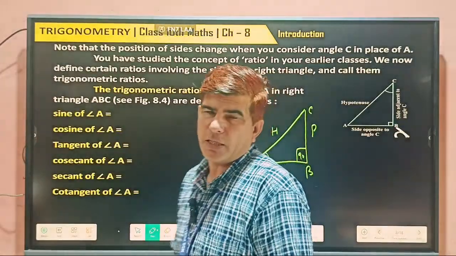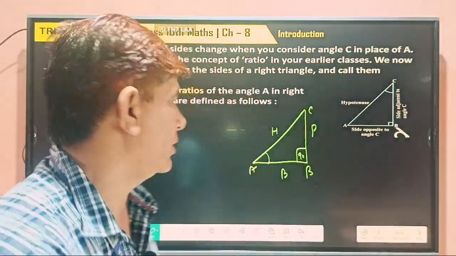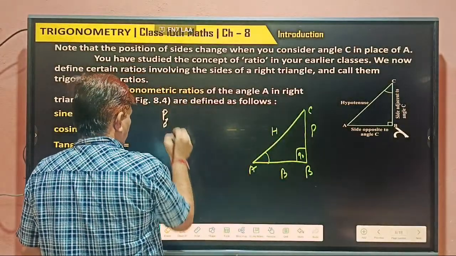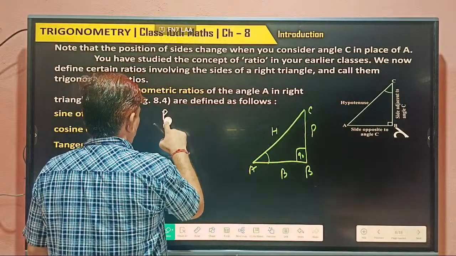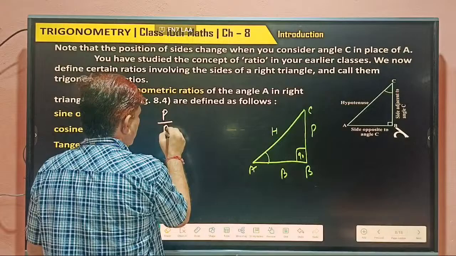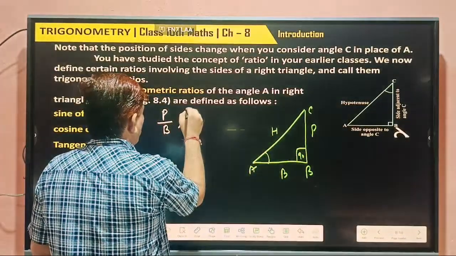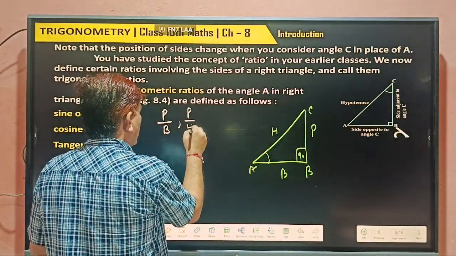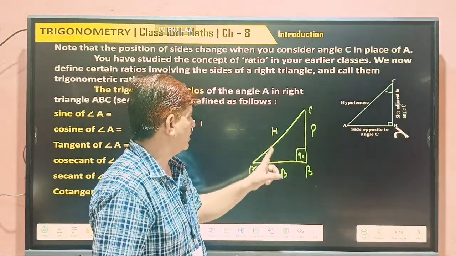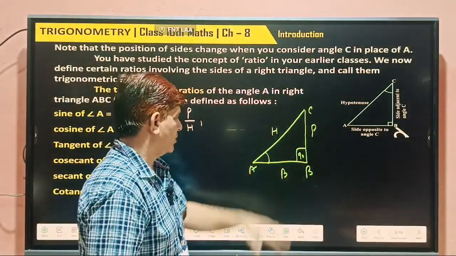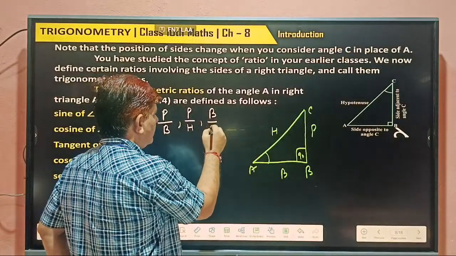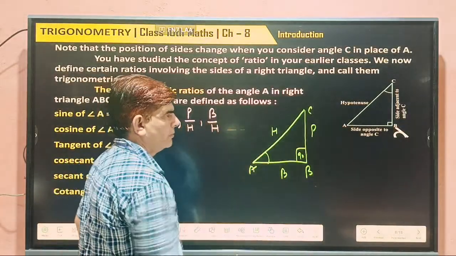How many ratios are possible? First we have taken perpendicular. So perpendicular by base you can take, perpendicular by height, and B by H is possible.